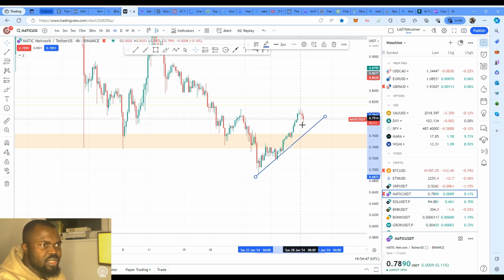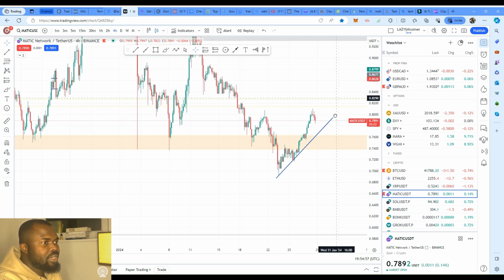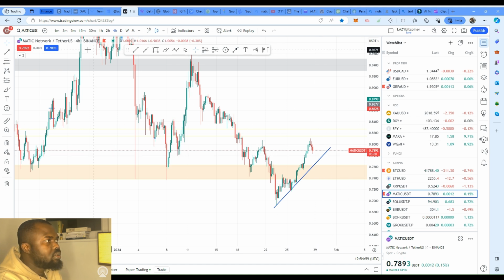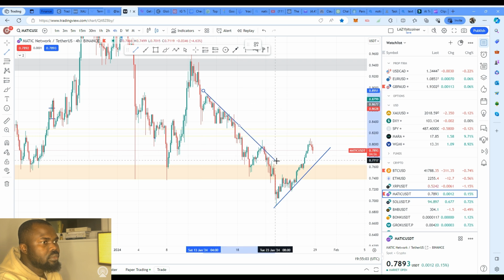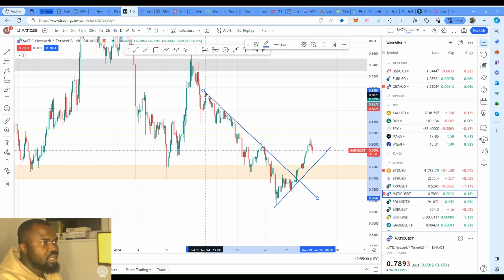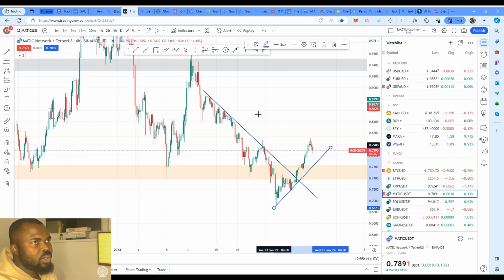If price touches this trend line, it's possible for you to touch and bounce, or for you to touch and break. That's the exact strategy I really want to talk about. So let's look at this direction. This is also a trend line. Let me not confuse you with two lines, so let me do one at a time.